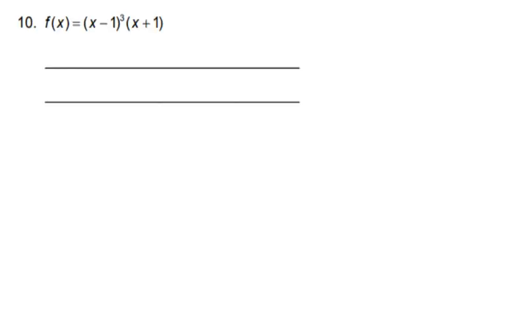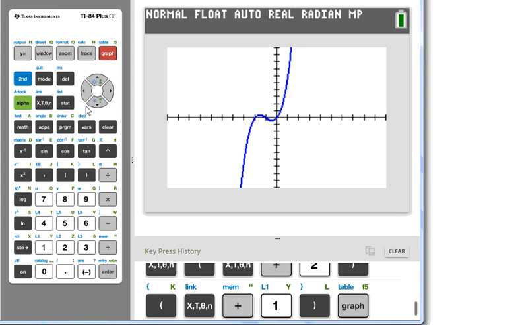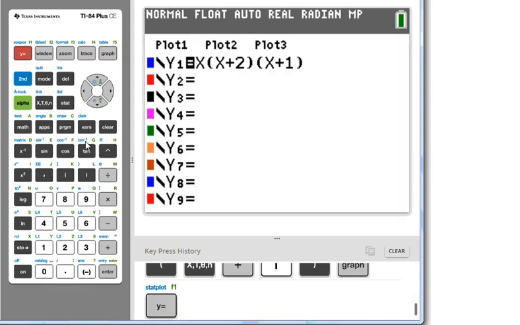Next, we're going to go to problem 10. So we have quantity x minus 1 cubed times quantity x plus 1. So we go here to our calculator. I'll just erase this. So x minus 1 cubed, okay.